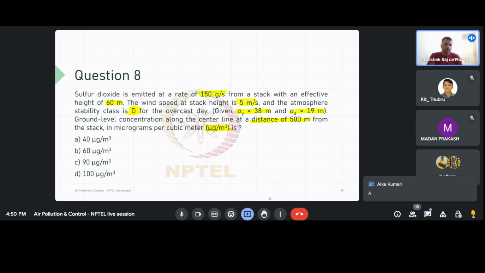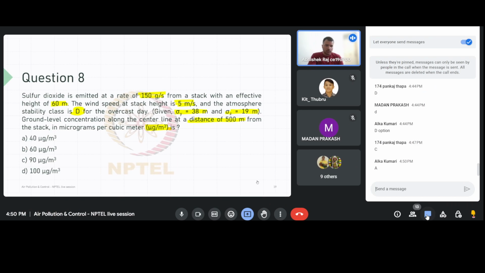Okay, we have one response, option A. One response for C, one response for A.